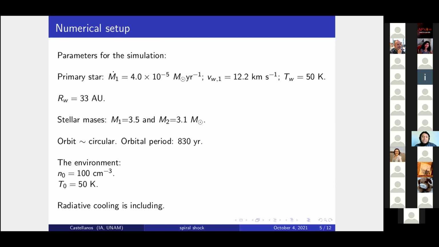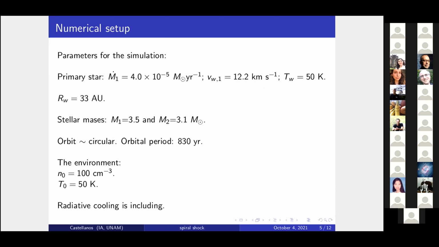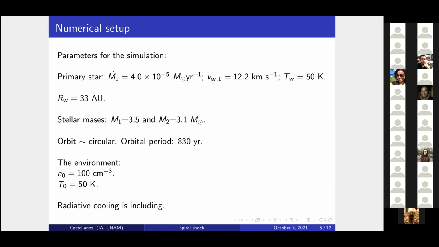The stellar masses are 3.5 and 3.1 solar masses for the primary and the secondary component. These are parameters similar to those used by Kim and Taam in 2012, and similar to Morona and Huggins. The stars are in a circular orbit with a period of 130 years.